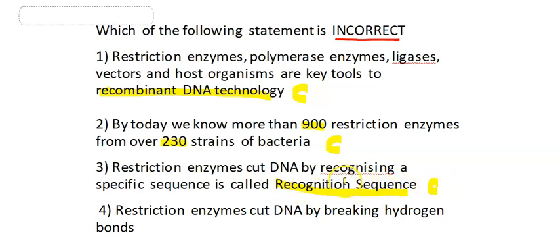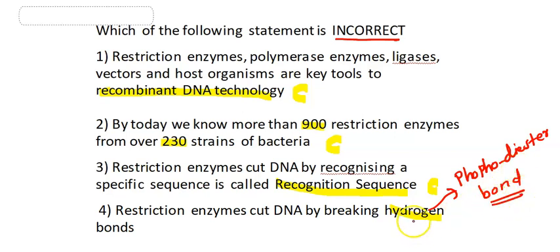Then option 4: restriction enzymes cut DNA by breaking hydrogen bonds. That is not the right statement. Restriction enzymes cut the phosphodiester bond, not the hydrogen bond. So the incorrect statement is option 4, and our answer will be option 4.